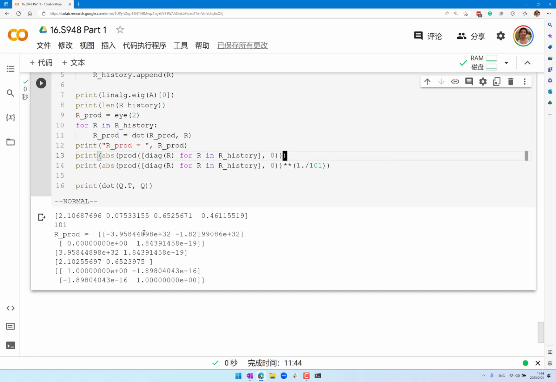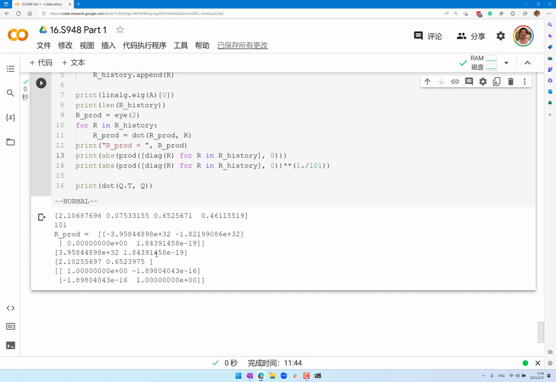The first entry is the same as the product of the 1-1 entries, and the 2-2 entry of the product of the matrix is the same as the product of the 2-2 entries of the matrix. So the determinant, which is the 1-1 entry multiplied by the 2-2 entry, is equal to the product of these two numbers.